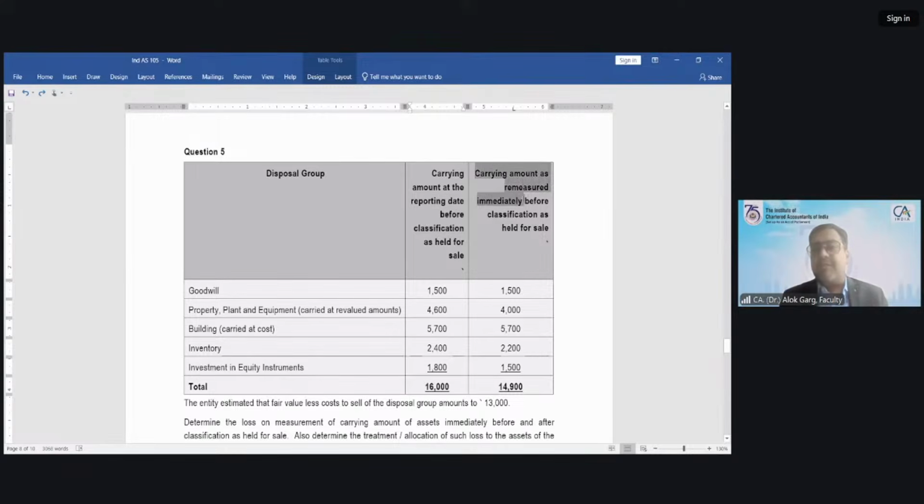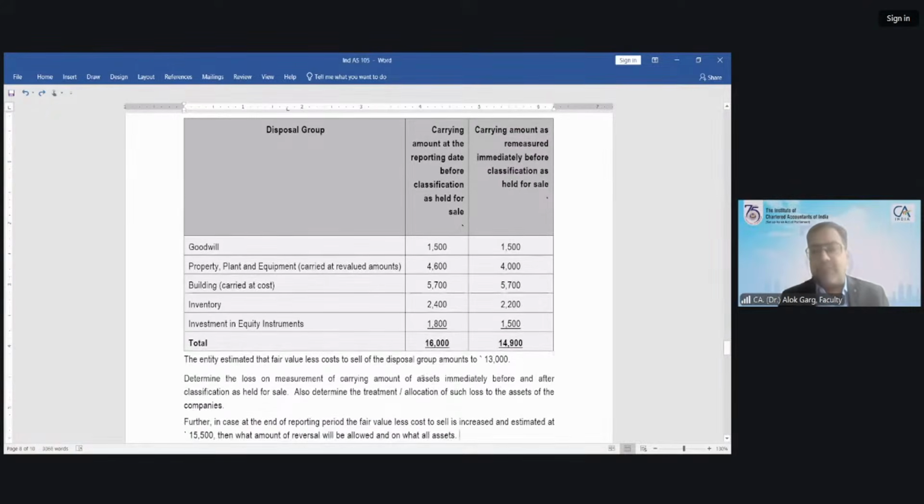Carrying amount is remeasured immediately before classification as held for sale. This is step number 1. So from 16,000 it becomes 14,900.